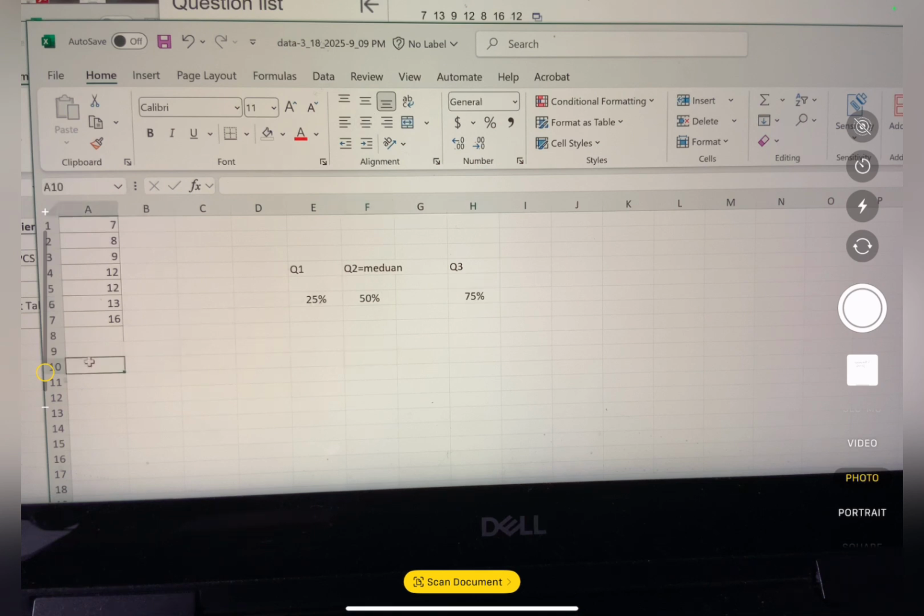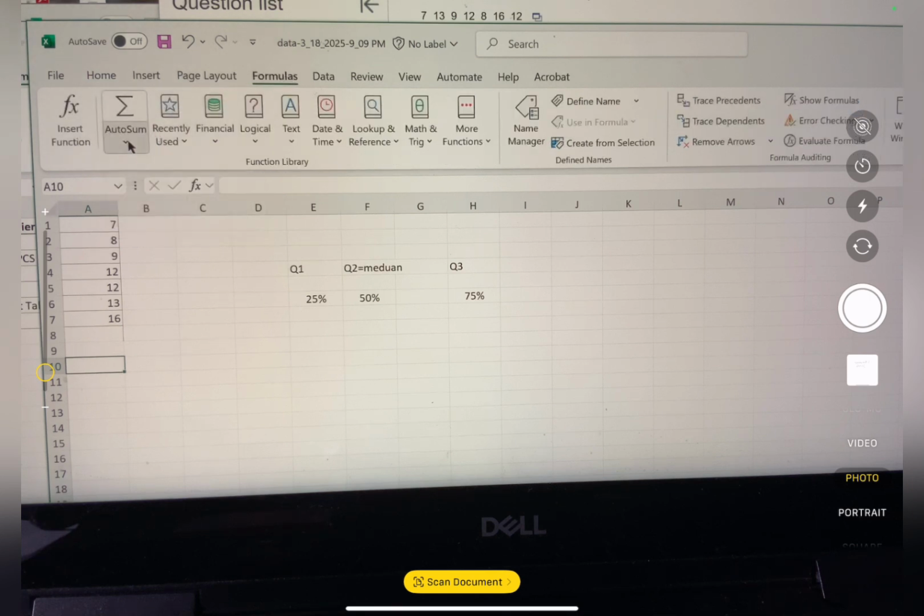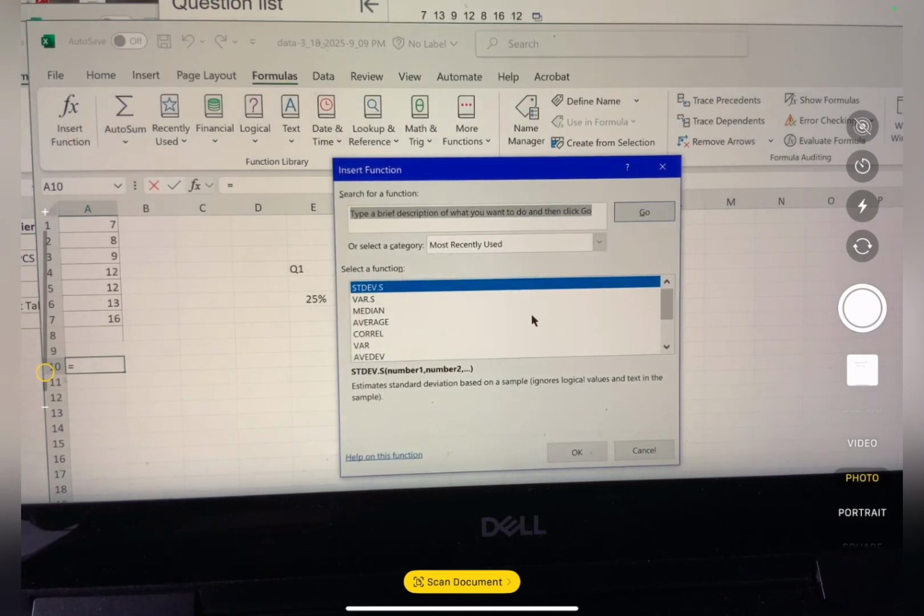I'm going to go to formula, insert, and type MED. Okay, median.